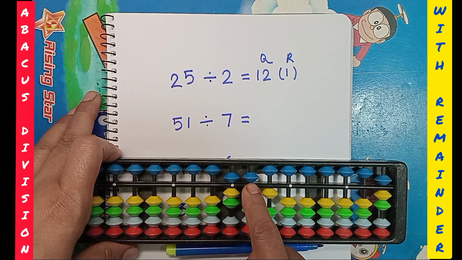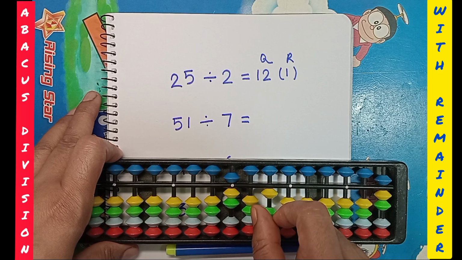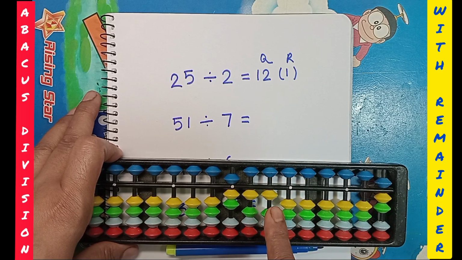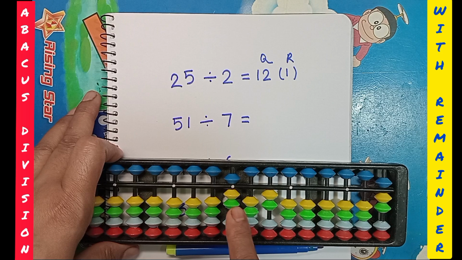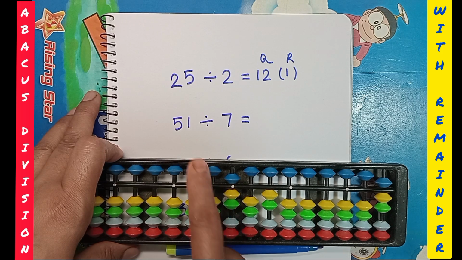We need to less 4 from that rod. Less a 5, add a 1 to less 4 and less 9. To less 9, less a 10, add a 1. Remainder is 2 and quotient is 7.